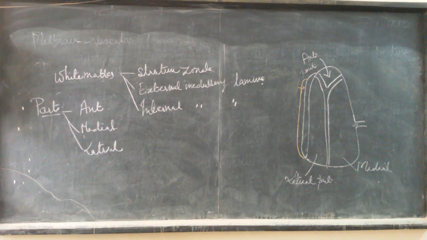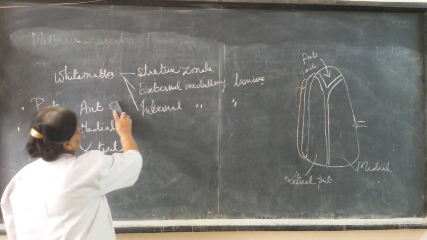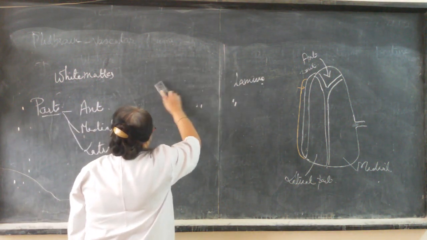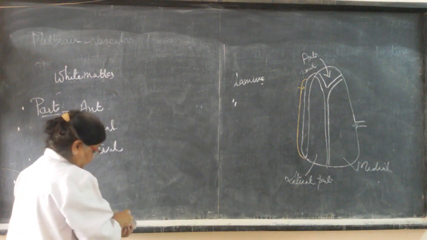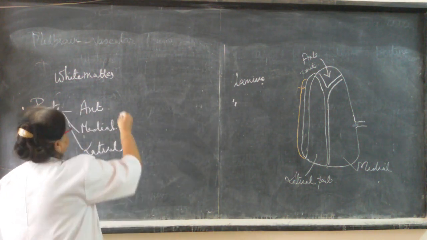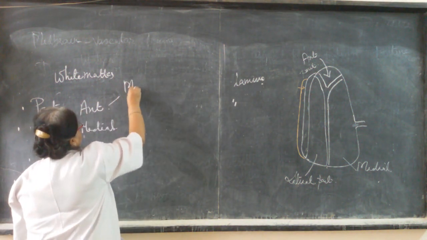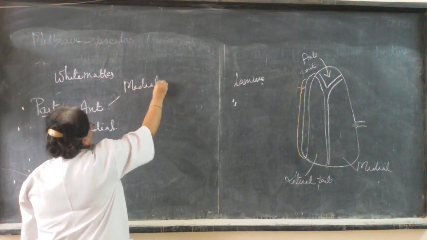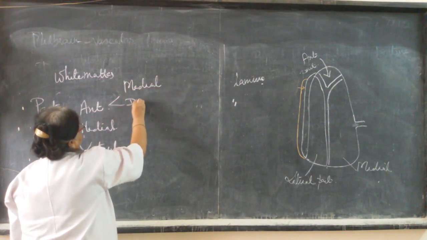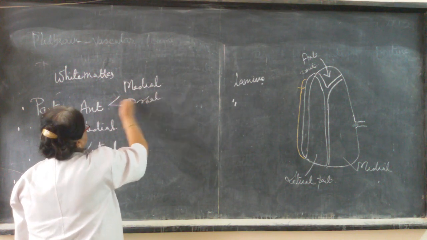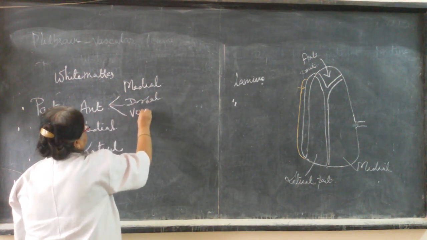And all these parts contain various nuclei. The anterior part will have three sets of nuclei: medial, dorsal, and ventral.